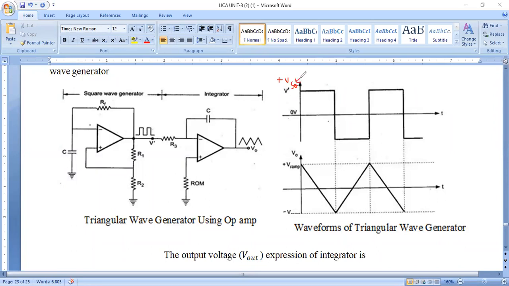At this time, the constant current will flow across this resistance, and the current through the resistance R3 will be plus V saturation divided by R3. That current is flowing through the capacitor. At that condition, the ramp voltage will start shifting in the negative direction.